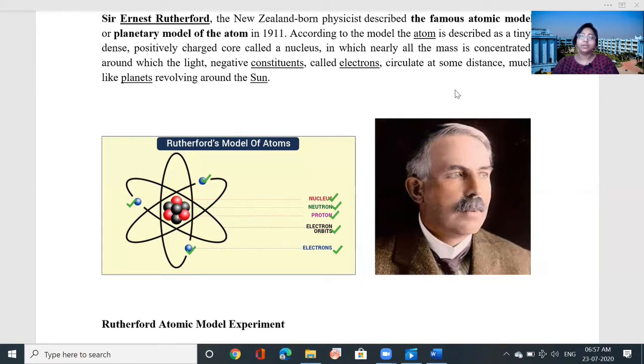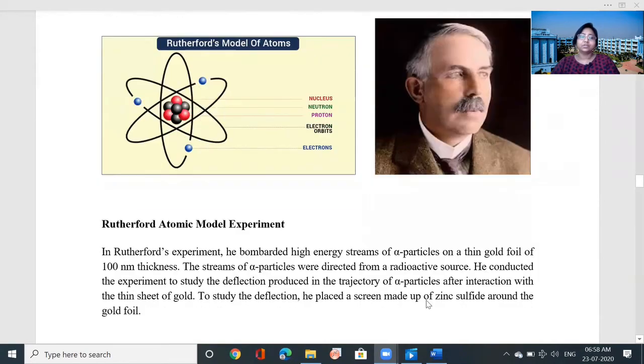Now how did he get this idea? He did an experiment. This is the Rutherford atomic model experiment. In Rutherford's experiment, he bombarded light energy streams of alpha particles on a thin gold foil of 100 nanometer thickness.